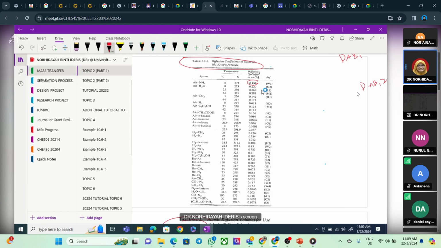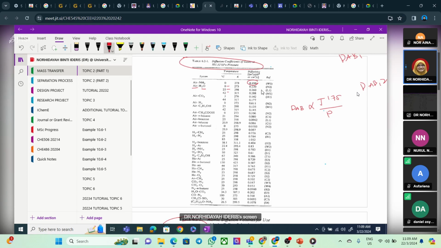You also note that here we have the air and H2O system, given at different temperatures: 0, 25, 42. So you can see it is also influenced by the temperature. The correlation is that DAB is proportional to T to the power of 1.75 over pressure.